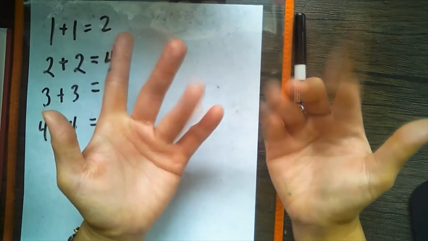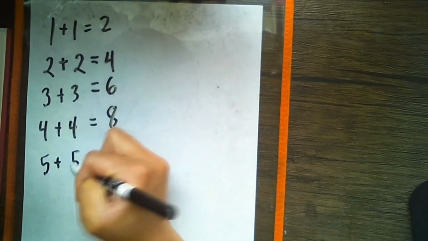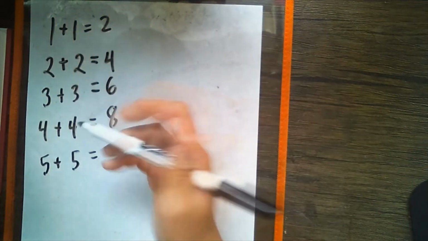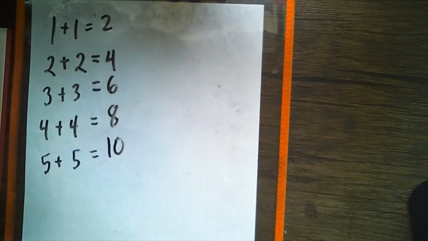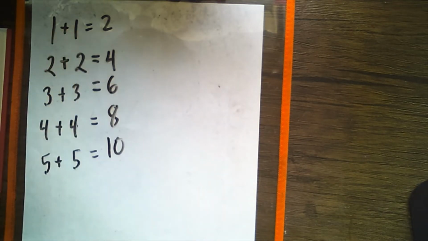What is our next addition equation? 5 plus 5 equals 10. My friends, what do we call it when both addends are the same? Yeah, my friends, we call those doubles.